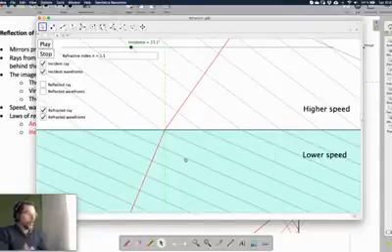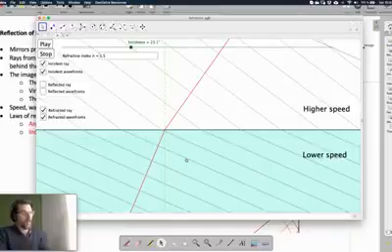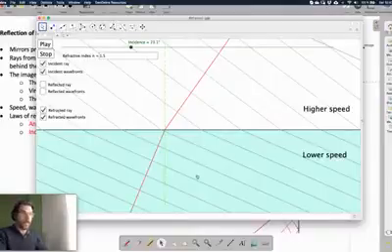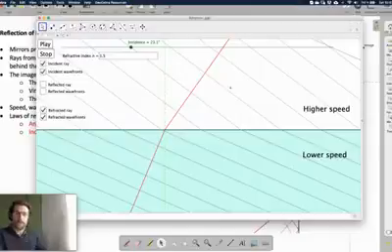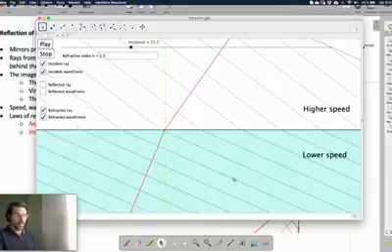You might have realized already, if not, I'll guide you through it, that the separation between wavefronts in the slower medium is not the same as the separation between wavefronts in the faster medium. The separation between consecutive wavefronts is called wavelength.